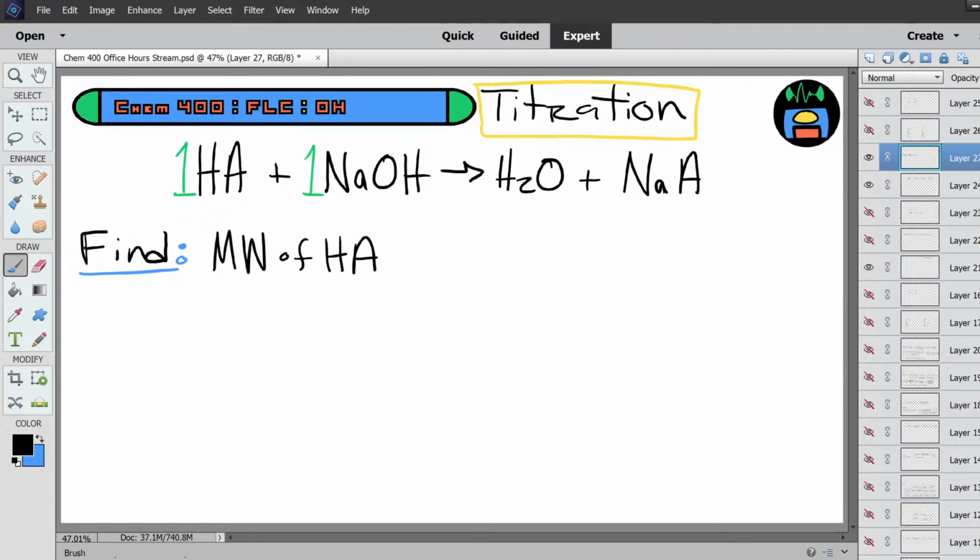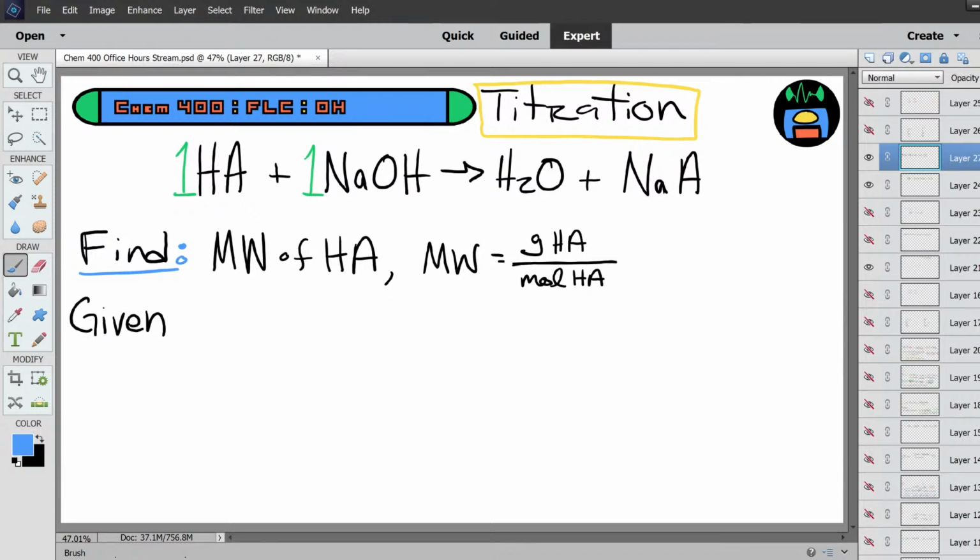Whatever's in the burette is your titrant. The thing in the Erlenmeyer is the analyte. So HA is our analyte, and molecular weight has an equation, so we should write it out. The molecular weight is equal to the grams of the analyte divided by the moles of the analyte. So if we know the mass in grams and the moles, we divide one by the other. That'll give us the molecular weight.